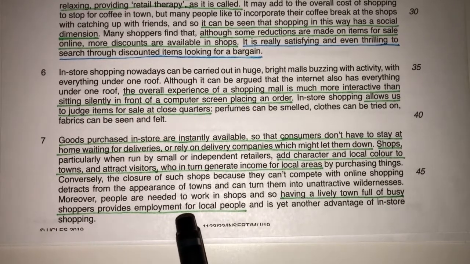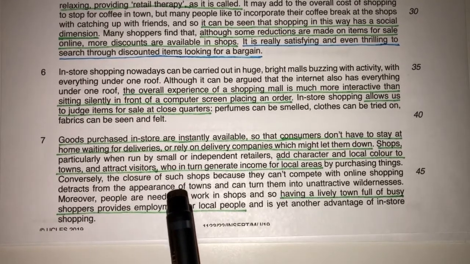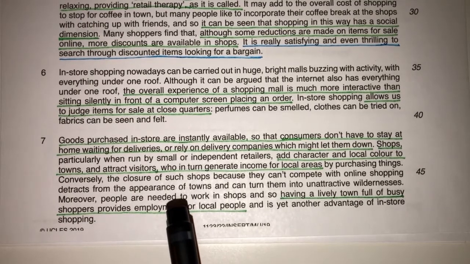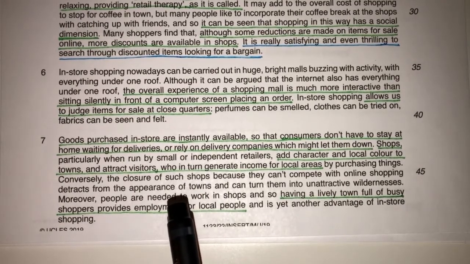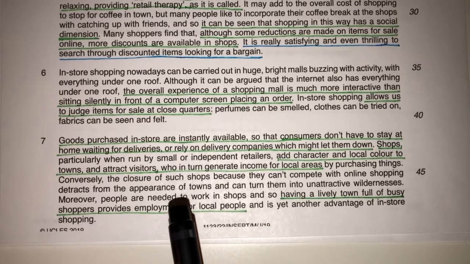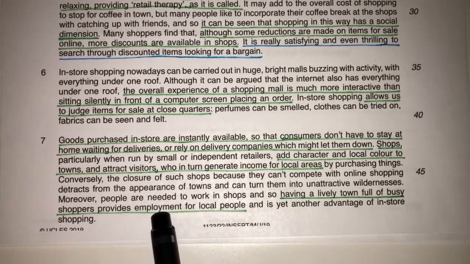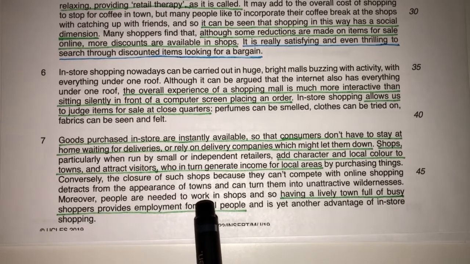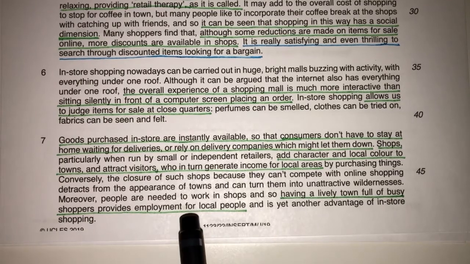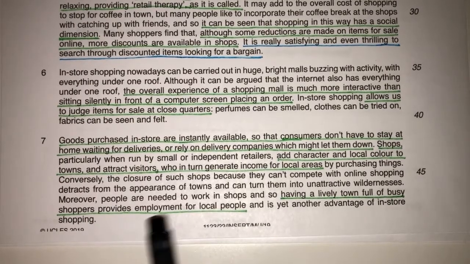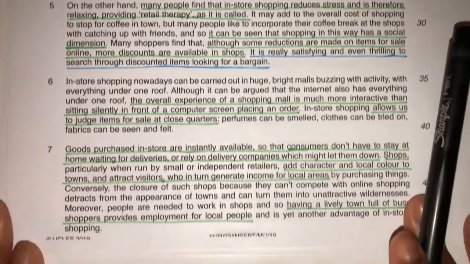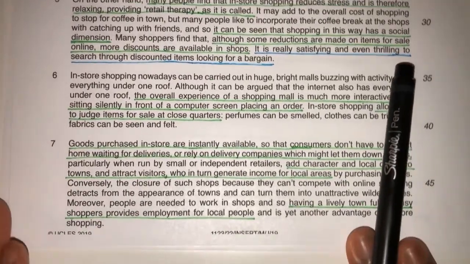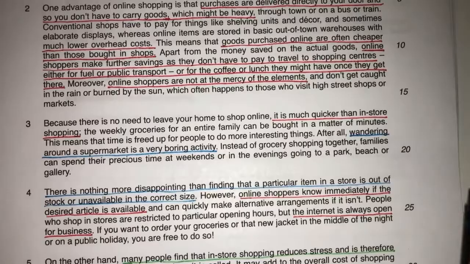But if you're like 16 years old and you want a little job to help your parents or something, you can't go and try to work as a lawyer, you know. You don't have the qualifications. But usually a fast food restaurant or a retail, so a clothing store, they're open to hire younger people with no experience. So it's a good thing. It helps with employment. Okay, and that brings us to the end of this passage, right?